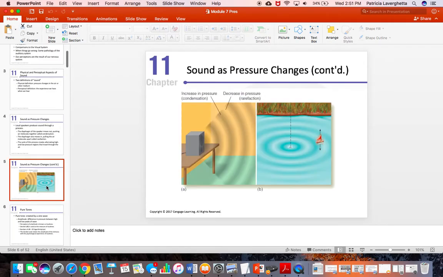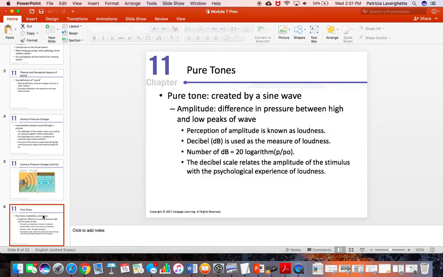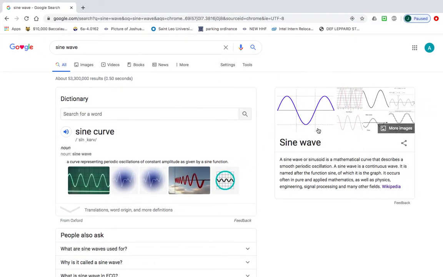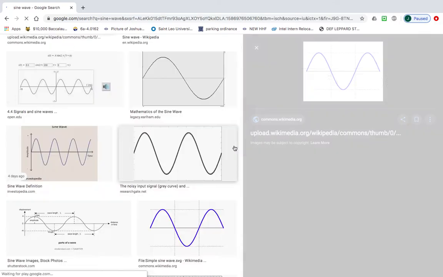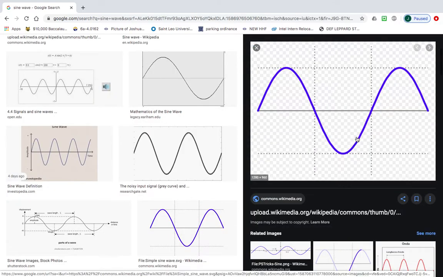And if we measure these pressure changes over time, and if it's a certain type of sound wave, you get what's called a pure tone. All right. And if I plot a pure tone, you can see it right there. There's a sine wave. This looks like it's Wikipedia. That's fine. Or I'll just do any of these pictures here that'll look good. This is a sine wave, where this would be high pressure, low pressure, high, low, alternating.